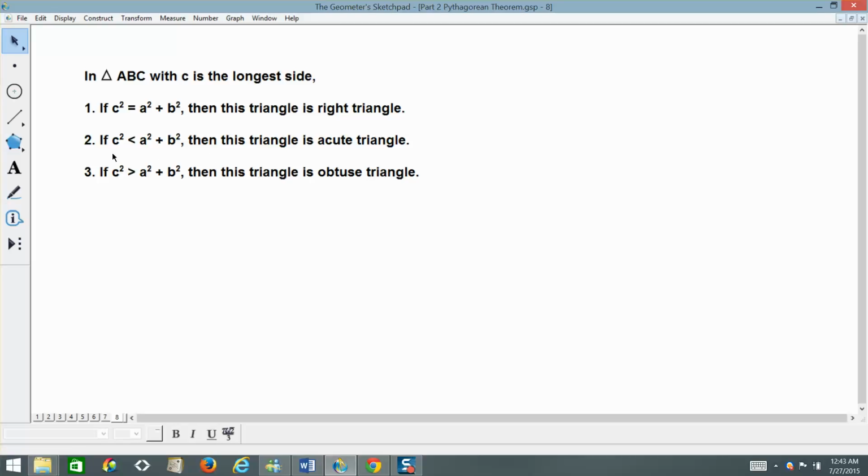But if C squared is less than A squared plus B squared, then this triangle is an acute triangle. Or if C squared is greater than A squared plus B squared, then this triangle is an obtuse triangle.